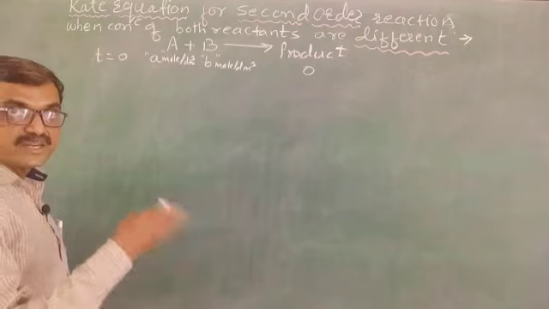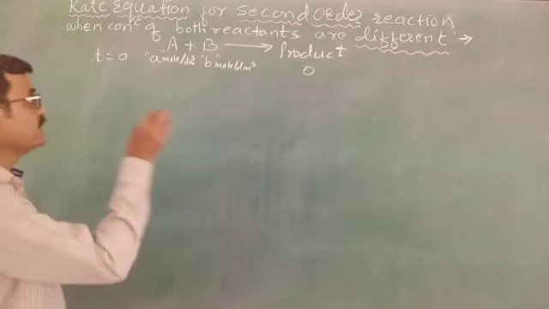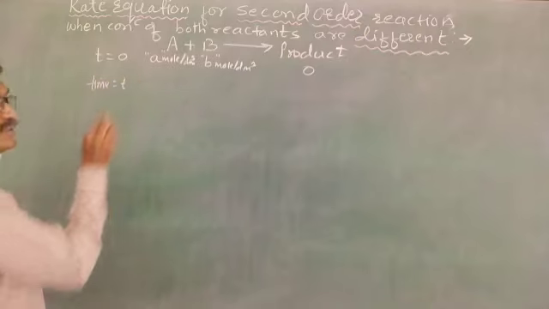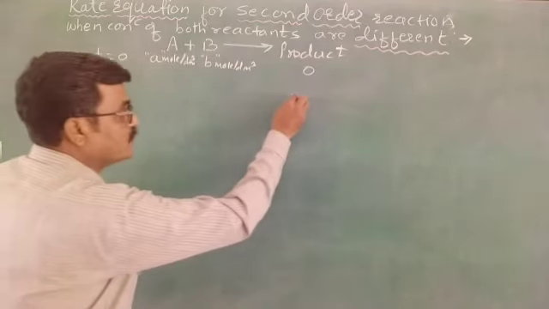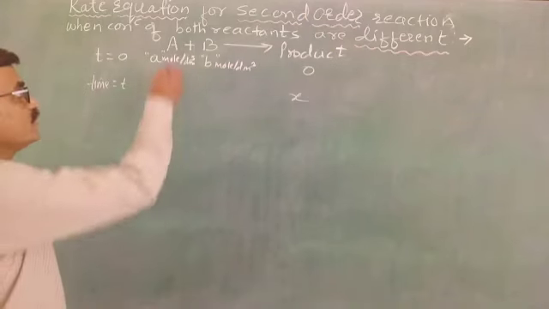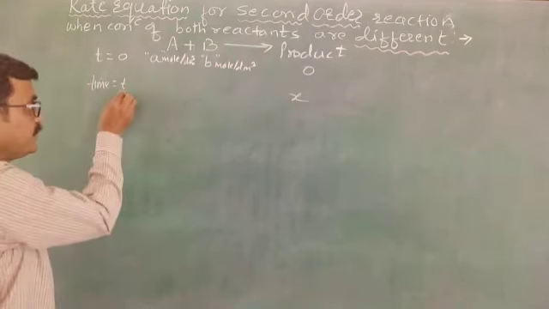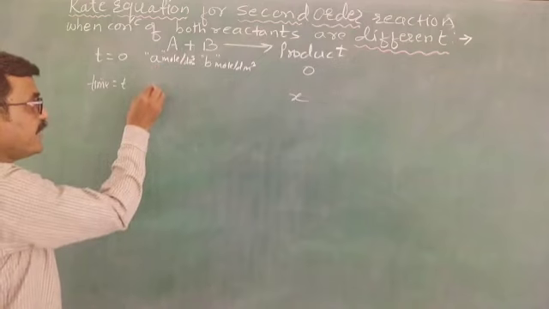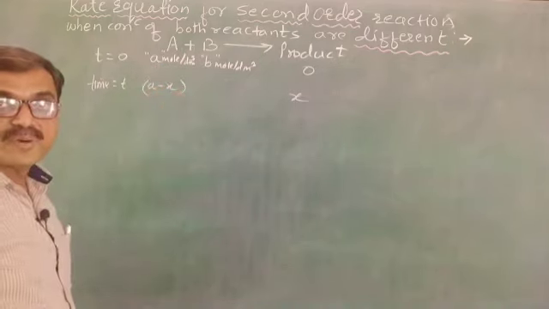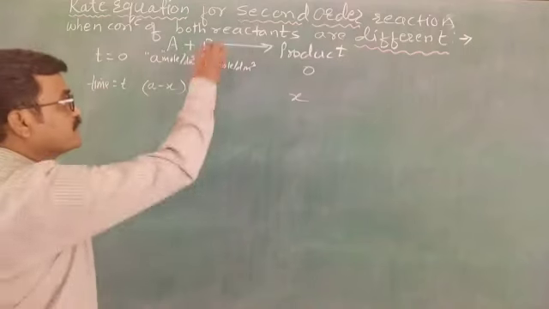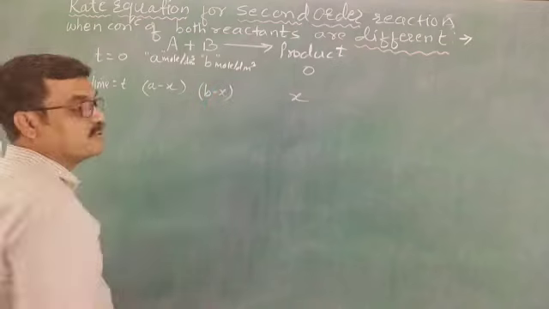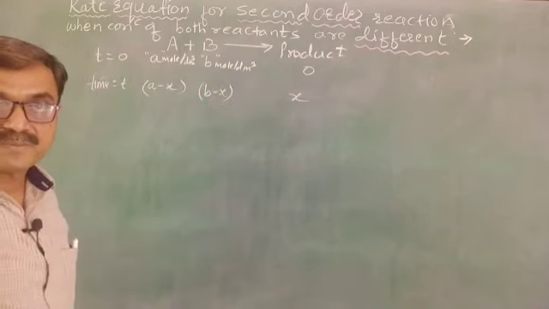Now, if the time becomes t, at time t let the amount of product formed be x. Then the concentration of A at time t will be a minus x moles per dm cube, and the concentration of B will be b minus x moles per dm cube.